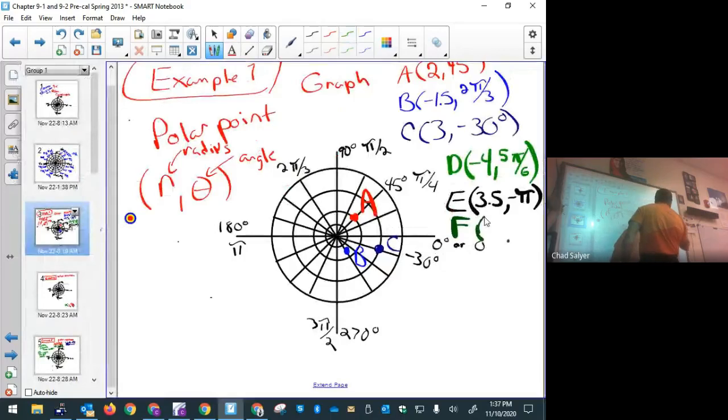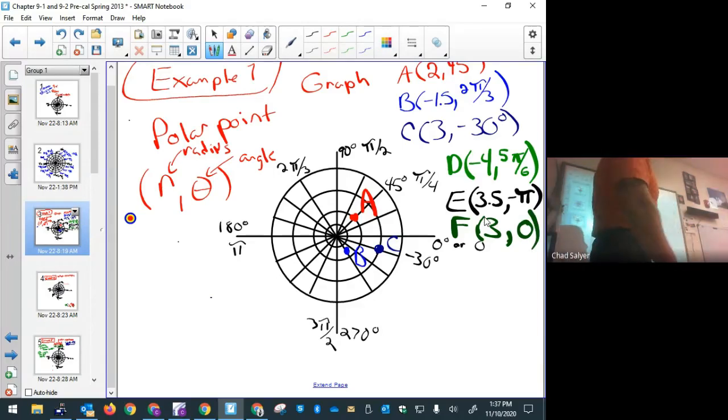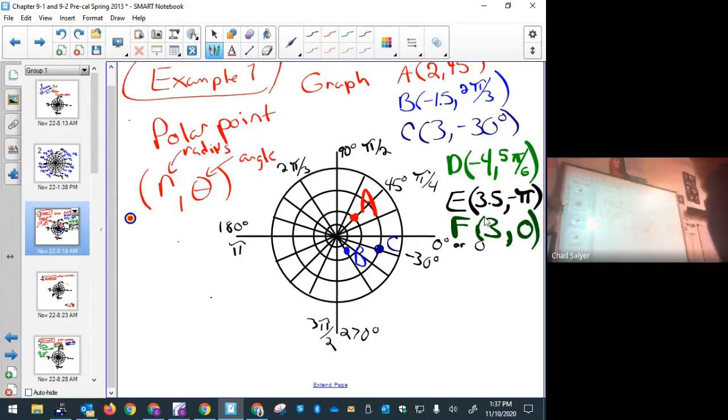Make it (3, 0). So you plot D, E, and F.